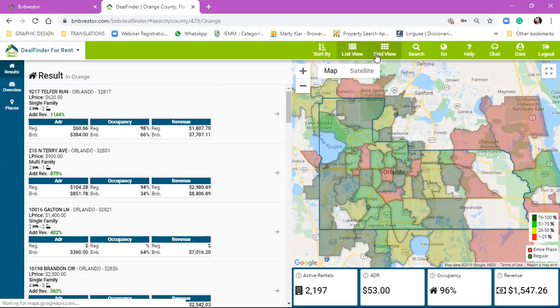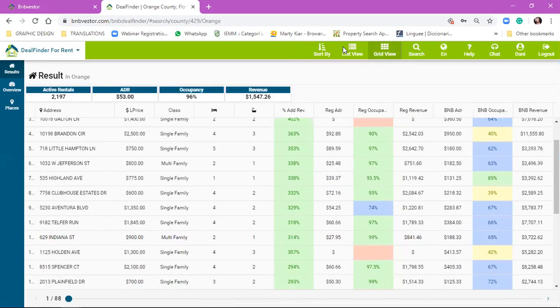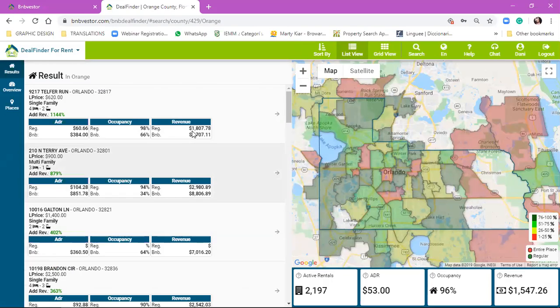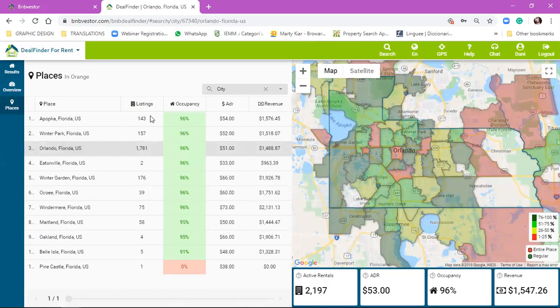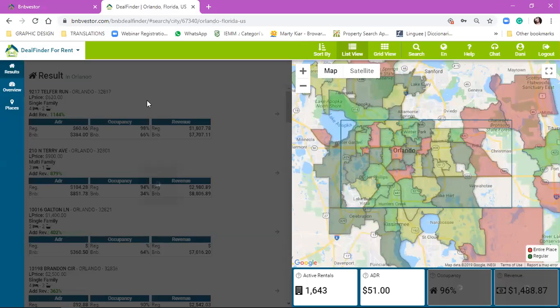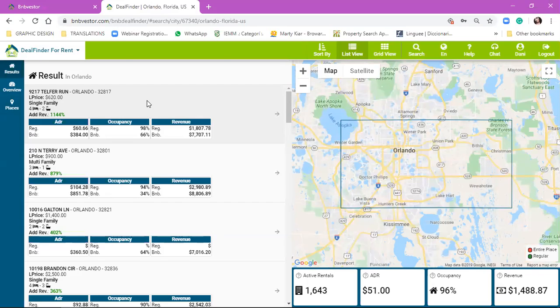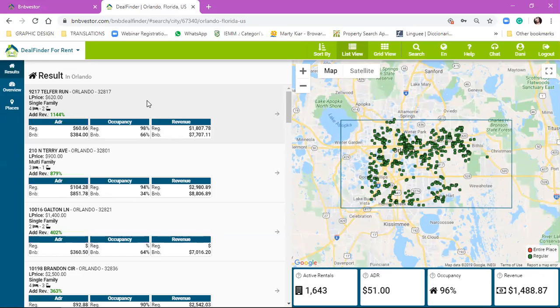We can see the grid view if you want to see it neater, but I actually like this one better because that way, if we click on any of these cities, we can actually see where they're located.